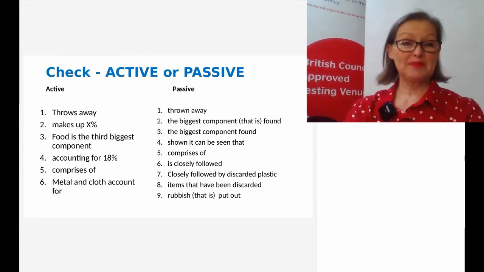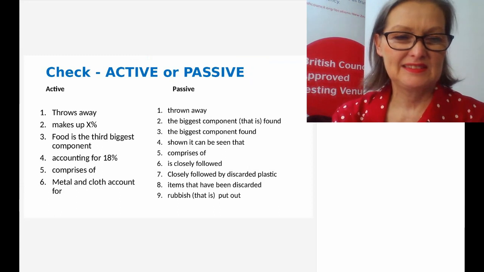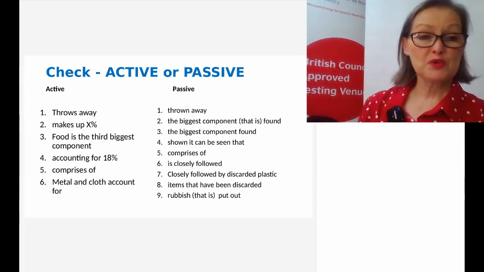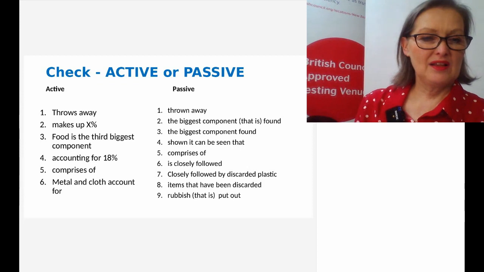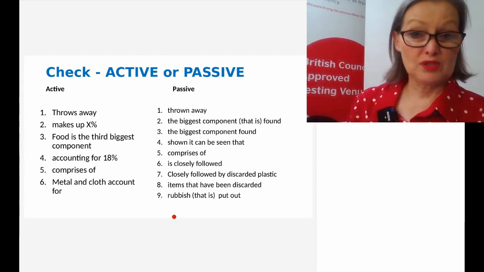Does your list look something like this? So there are all my active verbs. Throws away, which wasn't actually in the text, but I've just extended that. I think we had was thrown away or is thrown away.